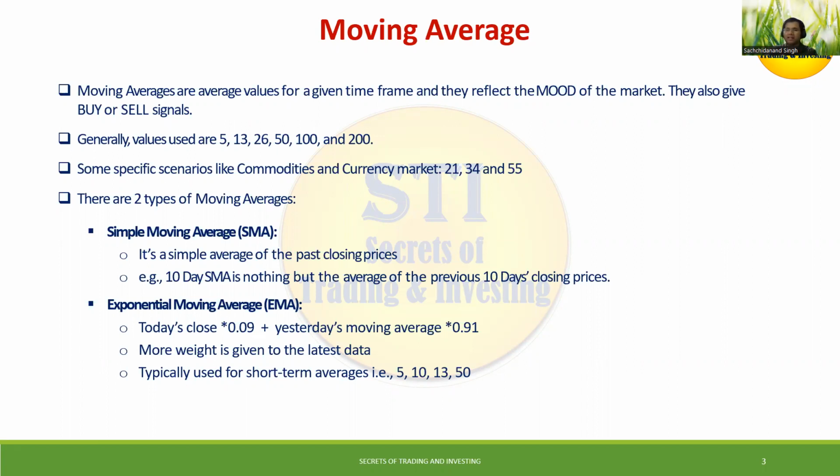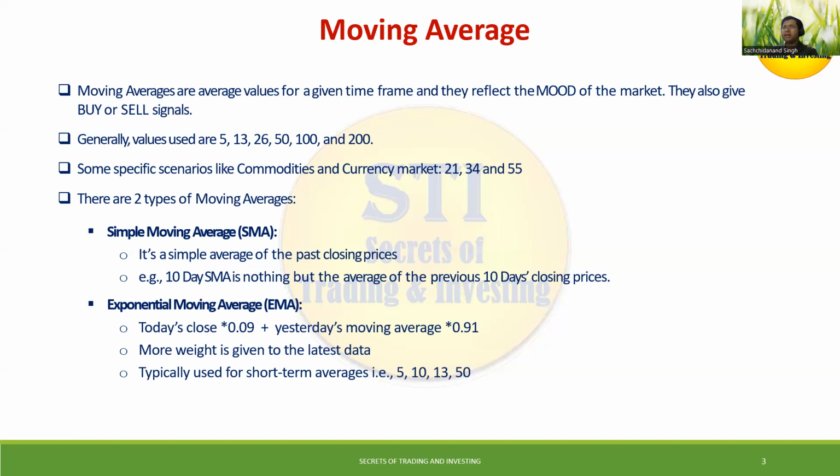Depending on the last 5 days, whatever the price, it will give the average value of the last 5 days' candle prices. And if the moving average we select is 13, similarly it will give the average of the last 13 candles in that particular time frame. It could be hourly, 4 hours, weekly or monthly; depending on what time frame we choose, it will give the moving average of that particular time frame.